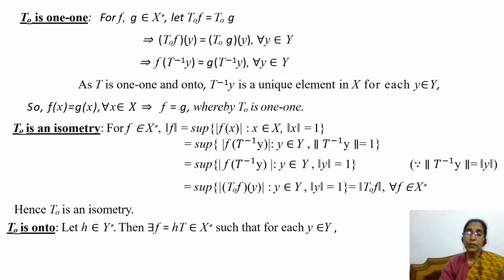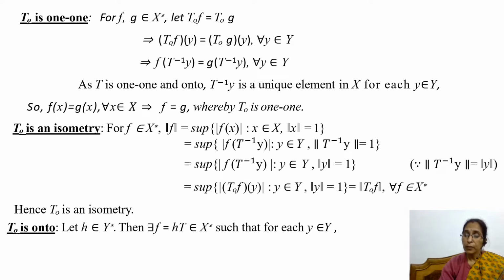Here we note that hT is in X star because T is a mapping from X to Y and h is a mapping from Y to K. So hT is a mapping from X to K, and we also note that this is a bounded linear functional because T is linear, h is linear, and their composition is also linear.